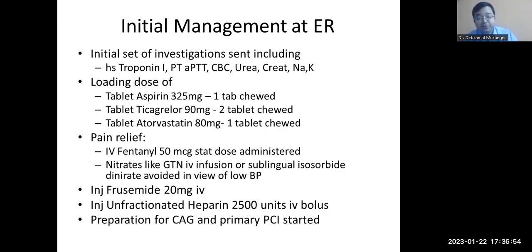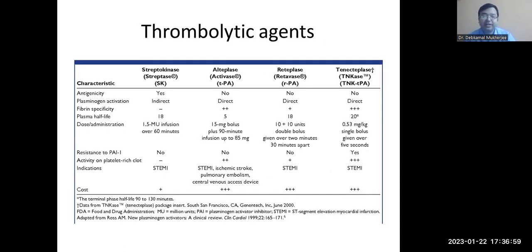This patient was being prepared for urgent PCI. And since our institute is a PCI enabled center, we didn't opt for thrombolytic therapy for this patient. But if this patient had presented at a center which is not PCI enabled, and this patient presented to us within 12 hours, then a thrombolytic agent can be an option for a center where PCI facilities are not available.